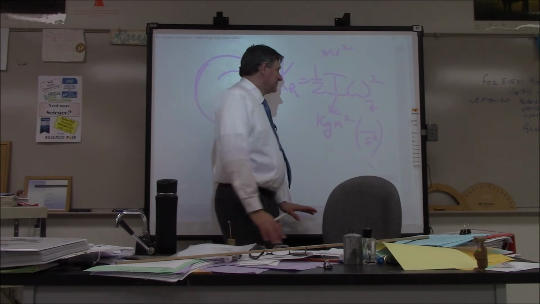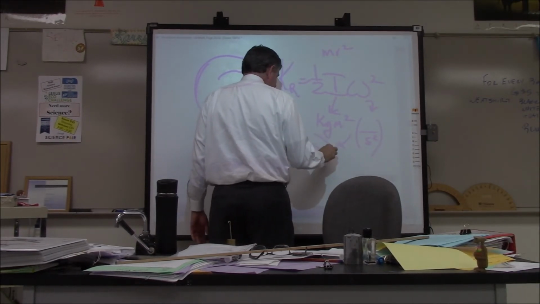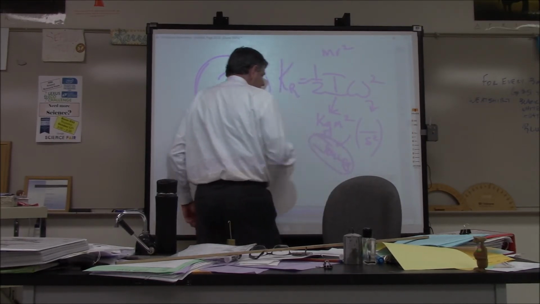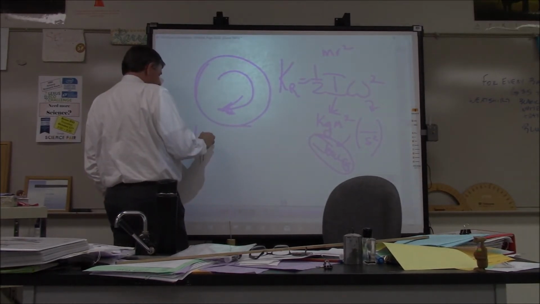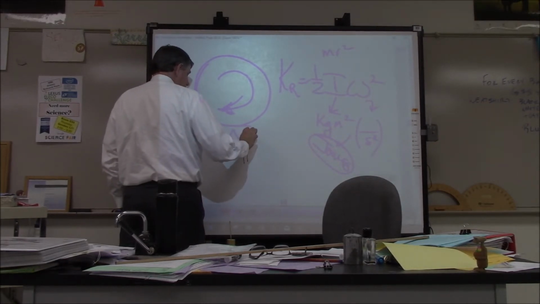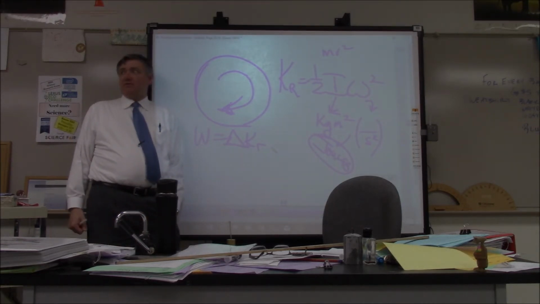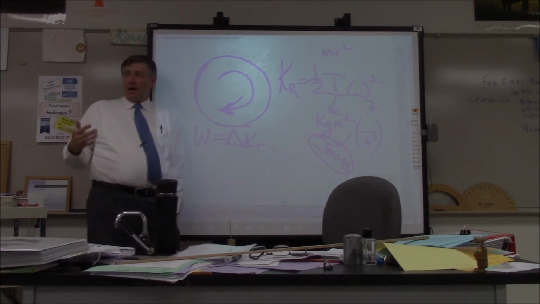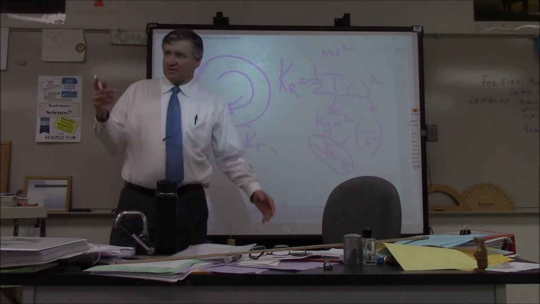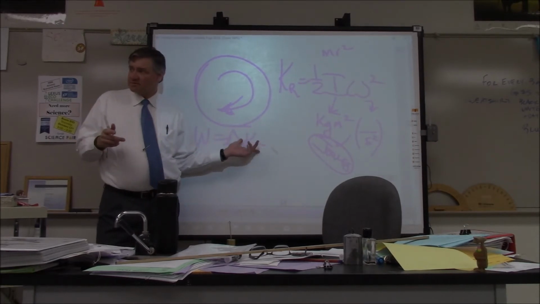Newton meters, same thing. So this is going to be in joules. The work that I do on the wheel is going to change my rotational kinetic energy. So if it's at rest, and I know how much kinetic energy it has later, that's how much work I did.